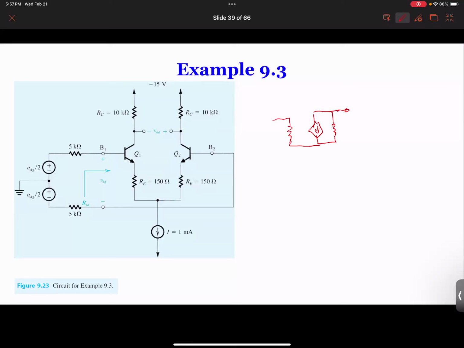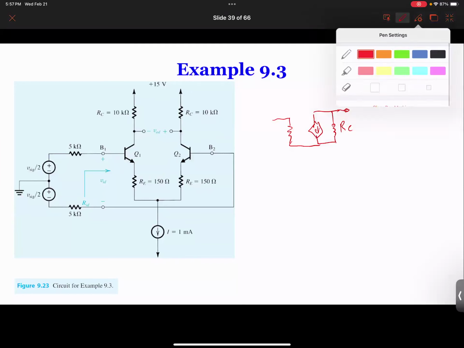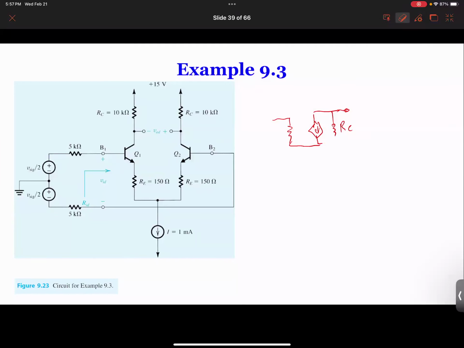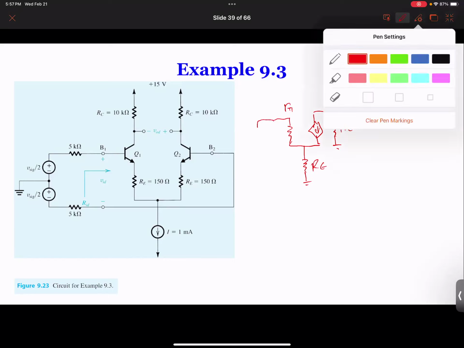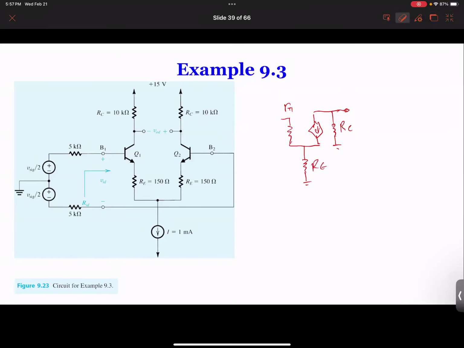I'm going to neglect the RO in this case. The emitter is connected to RE, to ground, and there is R pi, and RC is 10 kilo.